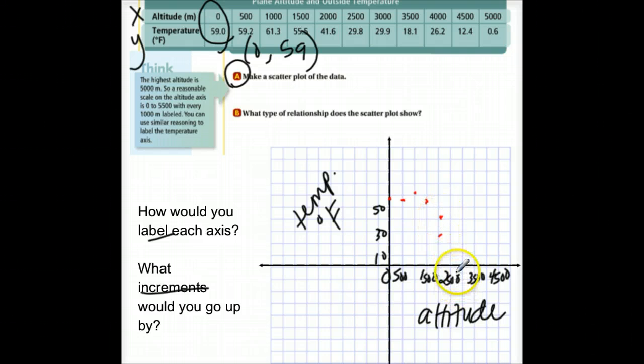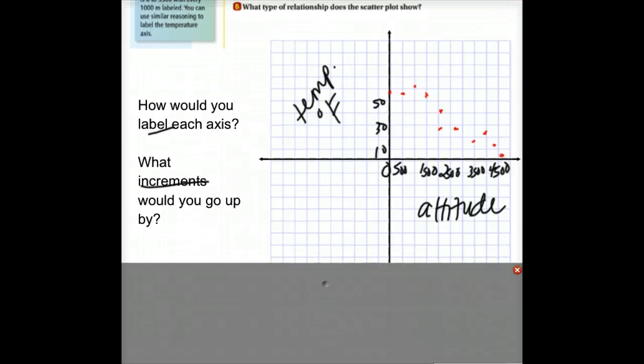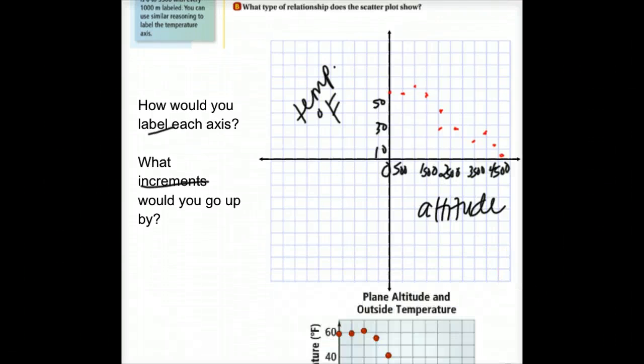The next one, 3,000, is 29. 3,500 is 18, and then 12.4, 0.6. All right, so I have my points plotted on my scatter plot.